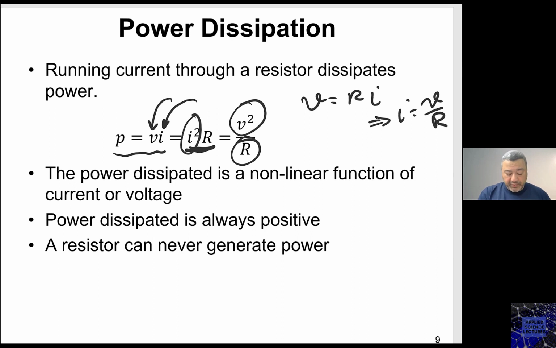Now, notice in both cases, the resistance is constant. The resistance does not change. So this is very important to know because this is the value in your equation that is going to stay the same. The resistance is not going to change.